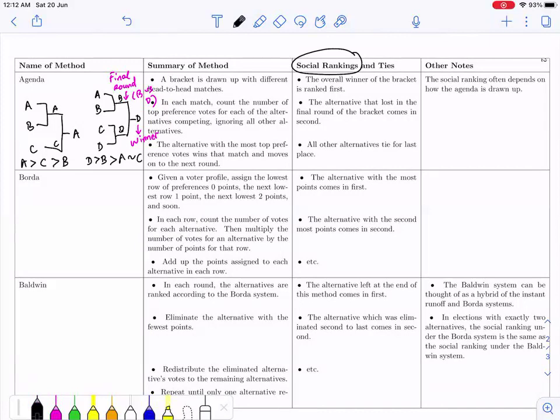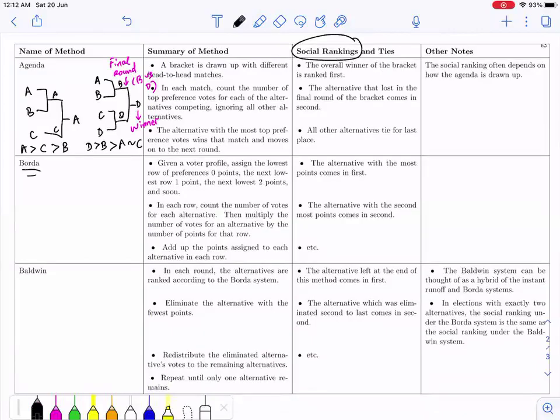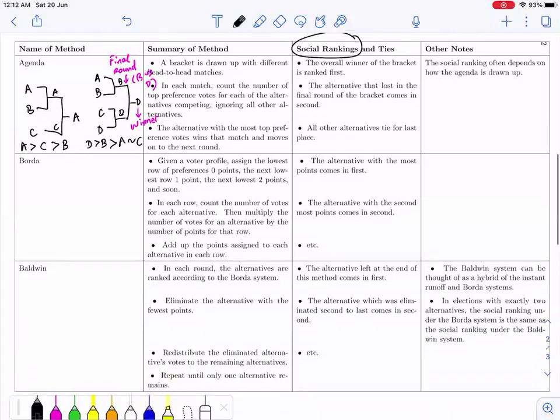Now, the Borda voting system. Over here, you give points to different preferences. So the lowest preference is given 0 points. The next lowest preference is given 1 point. And the next lowest is given 2 points, and so on. So you kind of weigh the preferences. The top preference is the most important.